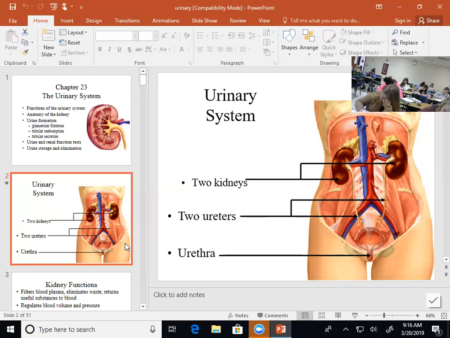And I want you to know that. So the functioning filters of the kidneys are referred to as nephron units. Nephron units. So nephrotoxic would mean that something could be really toxic to the kidneys, because honestly, a lot of things get concentrated in the kidneys.